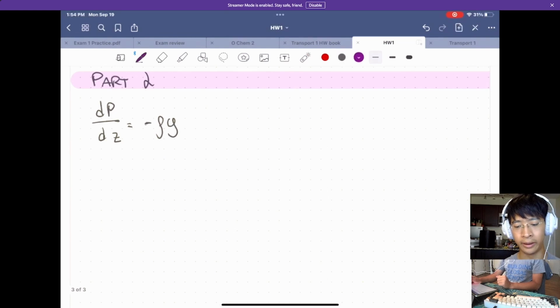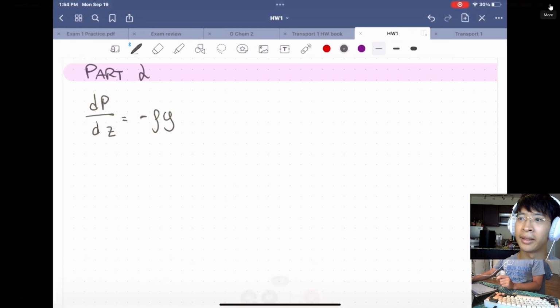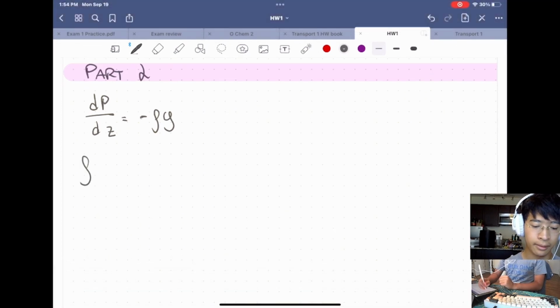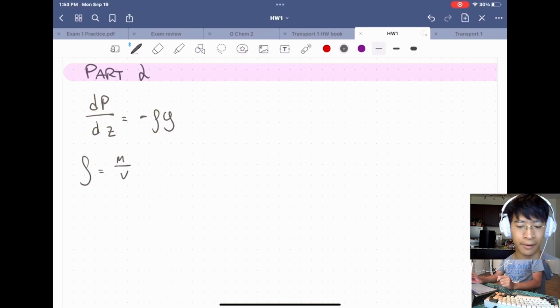So let's see if we can move some things around and expand this equation out a bit to make it make sense in the context of an ideal gas. Density is unit mass per volume, right? For an ideal gas, you can relate volume to every other variable using the ideal gas law.